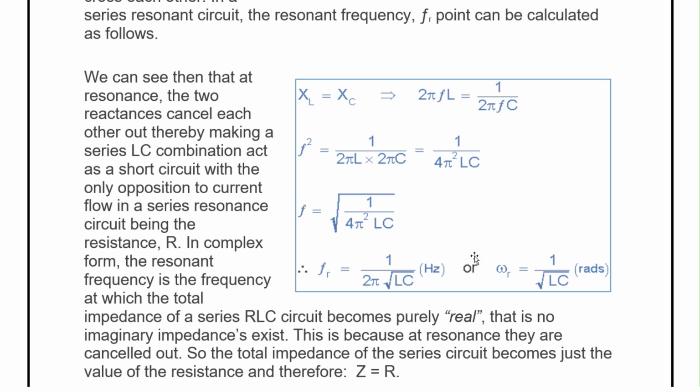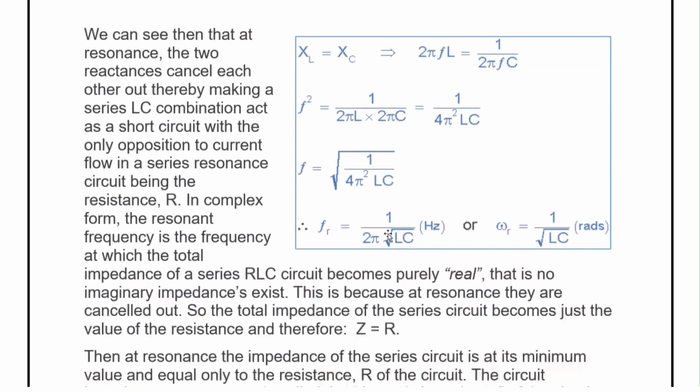And if you take the cyclic frequency, omega R happens to be 2 pi FR. So this will become 1 upon square root of LC. FR is in hertz and omega R is measured in radians. That's the difference.